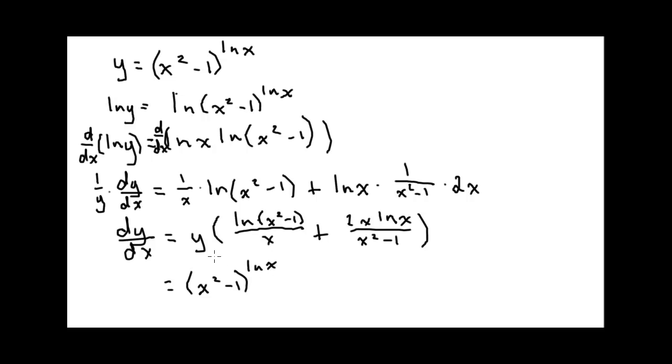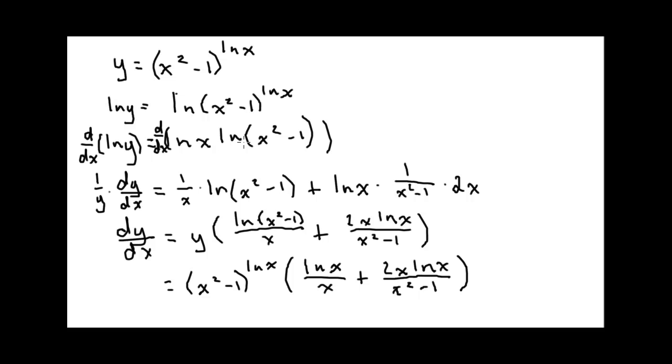So the original function y was equal to x squared minus 1 to the ln x. Now in this bracket here, you might want to clean it up a bit. Like, you can get common denominators if you really want. I'm not going to bother to do that. I don't think it's going to help much. And really, who's got that kind of time? And for a test or whatever, this would be far enough. You don't have to simplify that down any further.